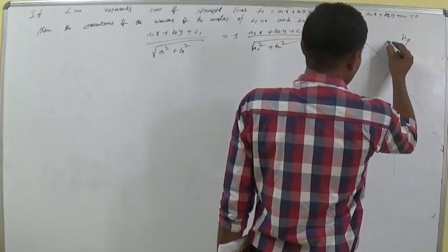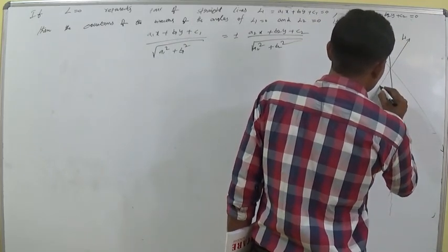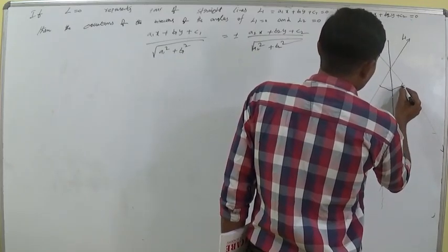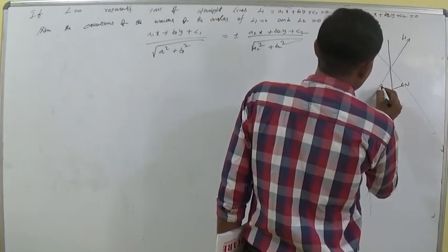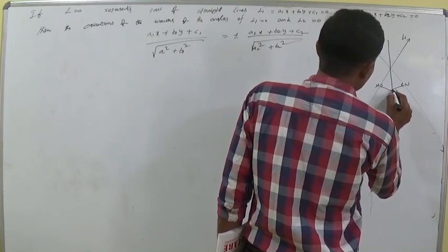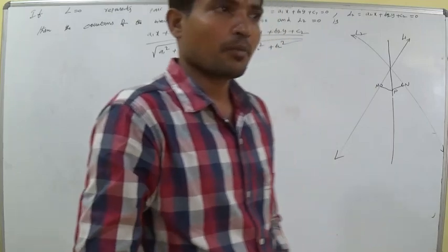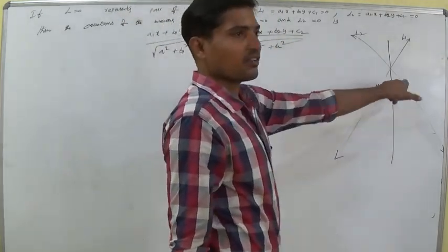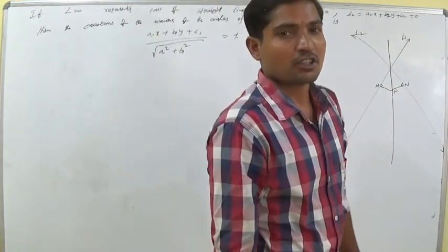Angle bisector, we know that, suppose this is the angle bisector of them, and suppose this is N and a perpendicular drawn from a point P. Here point P is a locus because for the angle bisector, the point P is equidistant from the two lines, L1 equal to 0 and L2 equal to 0.